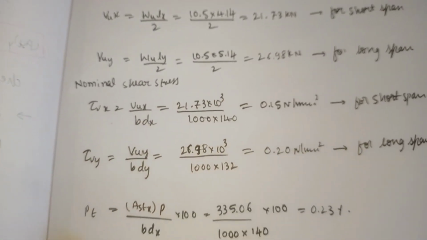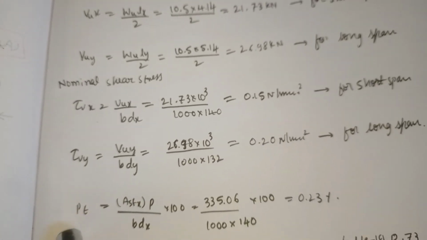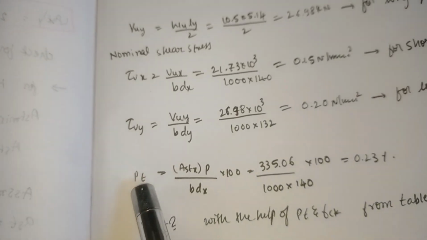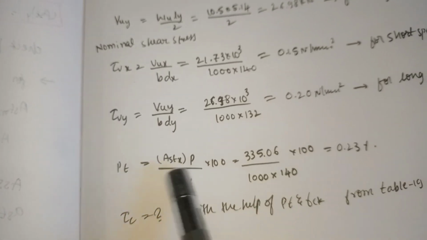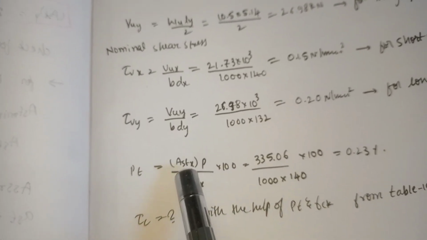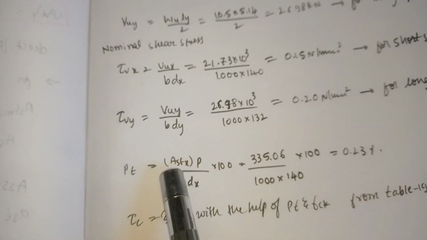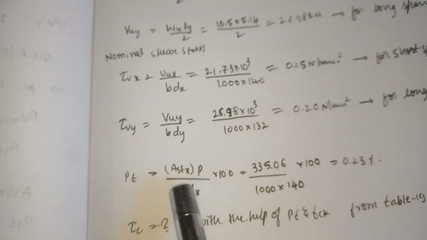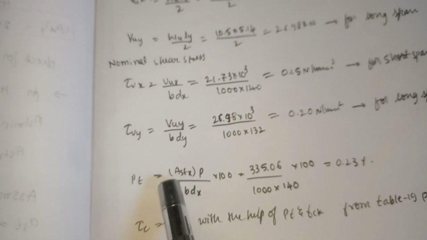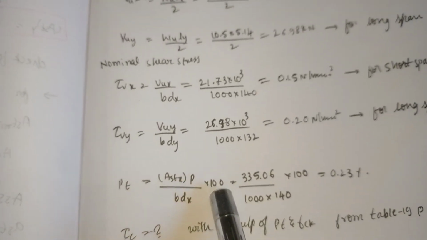So next we will go for the calculation of percentage of tension steel reinforcement. We have the formula Pt is equal to AST provided, we need to substitute the AST provided value for shorter span, divided by b into dx into 100.